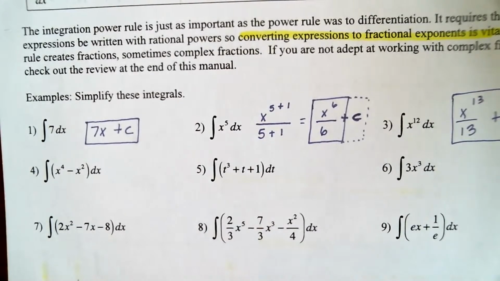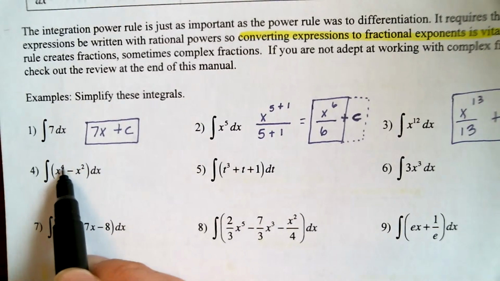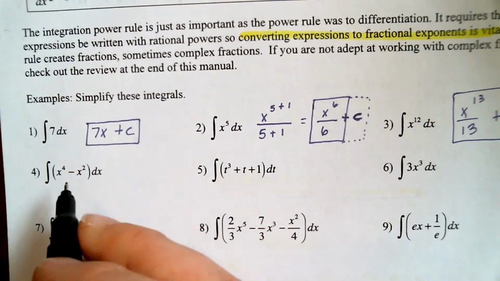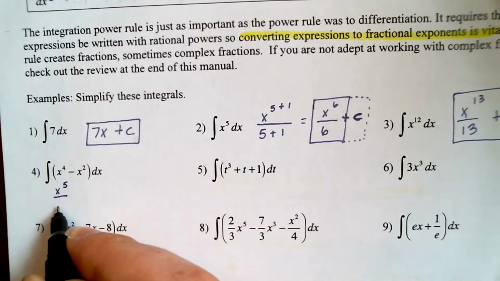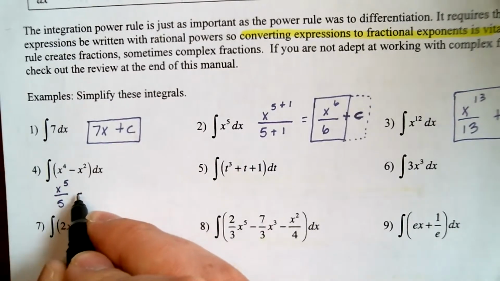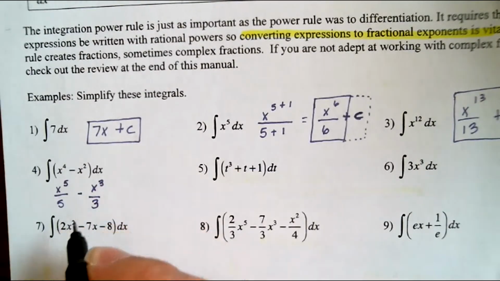Okay. So then coming right here, the integral of x to the 4th minus x squared dx. So again, that's x to the 5th over 5 minus x cubed over 3.